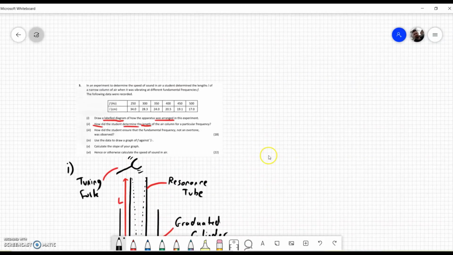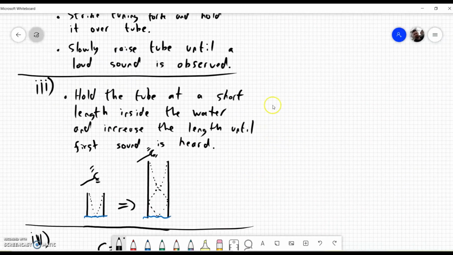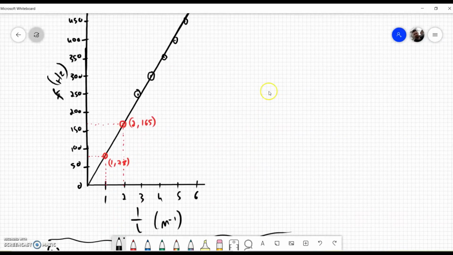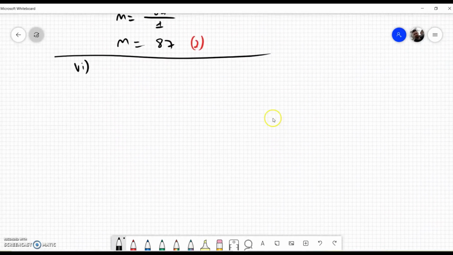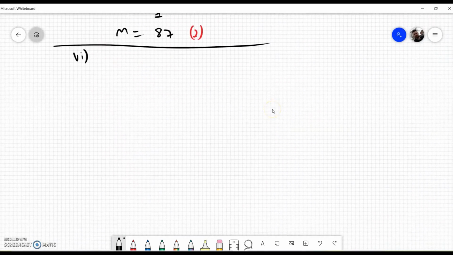We can see it says hence or otherwise calculate the speed of sound in air. I'm actually going to show you the 2 ways you can do this, because if you couldn't do this by using the graph, there's another way you can do it. We said already from earlier on that the slope was equal to c divided by 4, or the speed of sound is 4 times my slope.